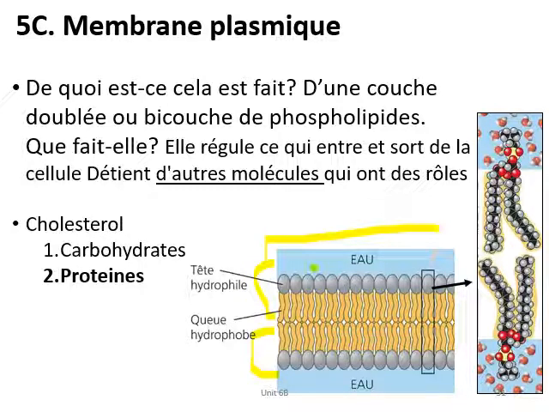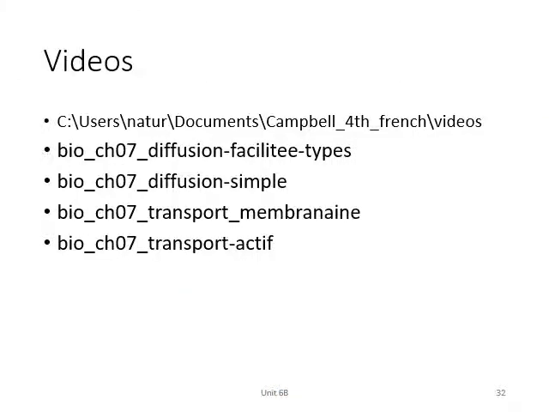On one end is the hydrophilic head, and in the center here are the hydrophobic tails. So please stop and show all of these videos, and hopefully you recognize the structures of the cell.